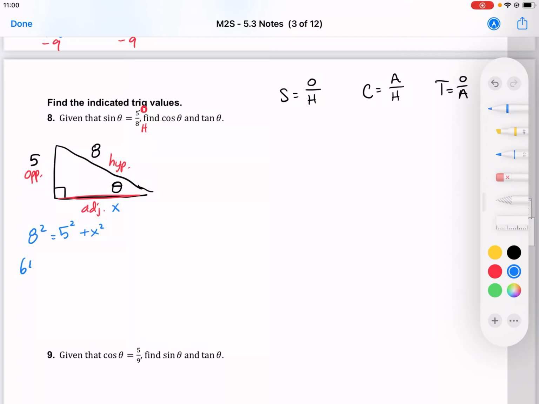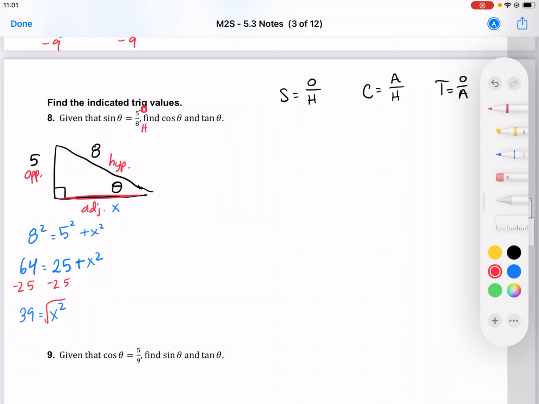8 squared is 64, 5 squared is 25, so you'll just type that into a calculator for both of those. Then we'll subtract 25 from both sides. So 64 minus 25 is 39.